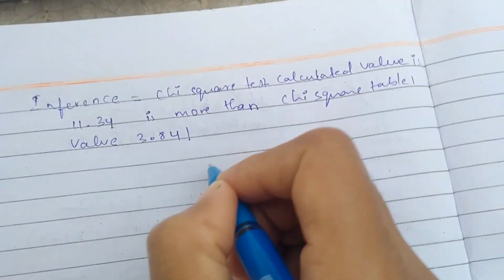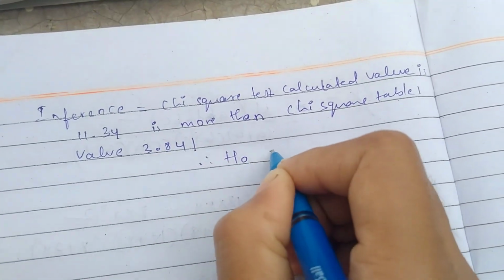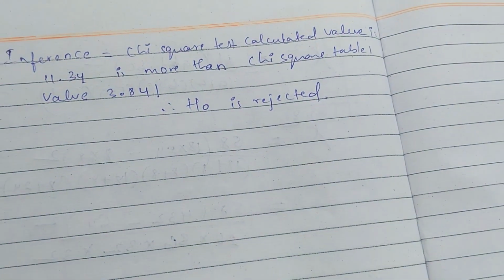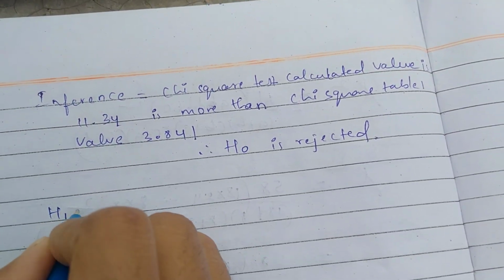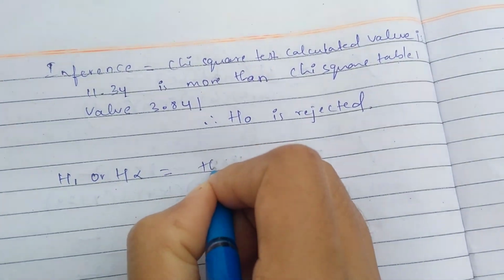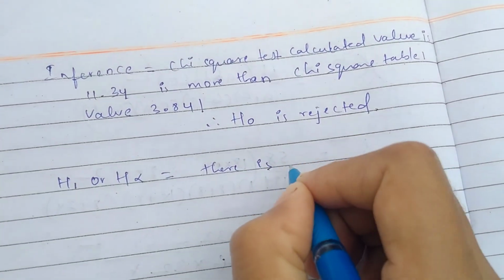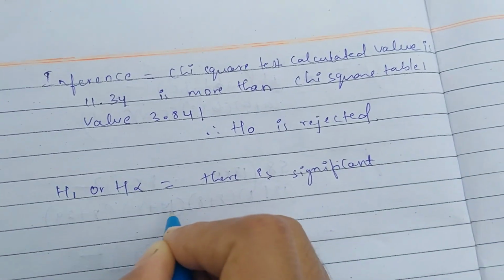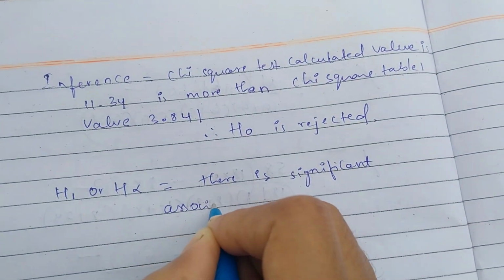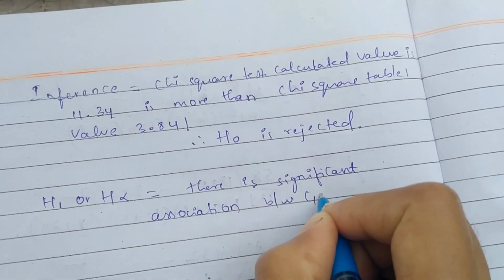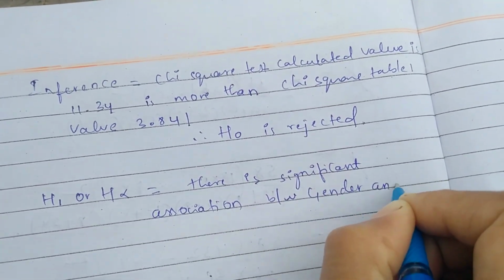So hence our H0 is rejected. If H0 is rejected, we have to frame the alternative hypothesis. H1 or H alpha: there is a significant association between gender and smoking habit.